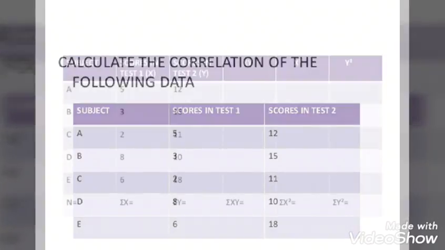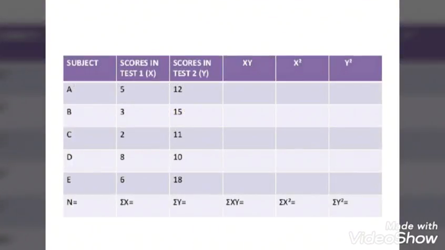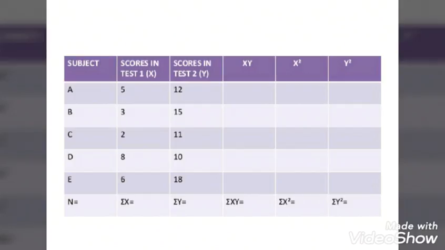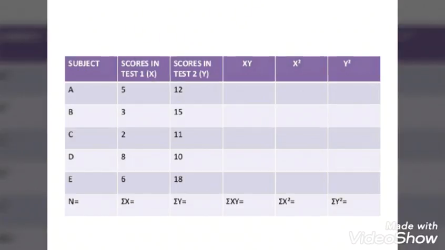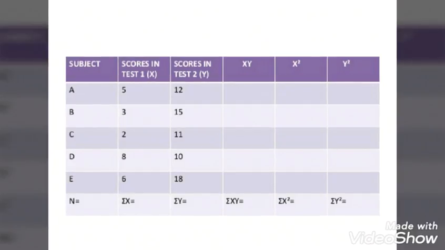So here we have to make one table according to your formula. According to your formula, you need n, x, y, x square, x whole square, then y whole square, and y square. So according to this table, you will put all these elements.